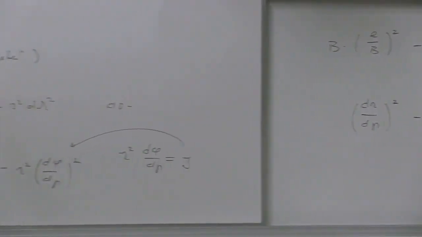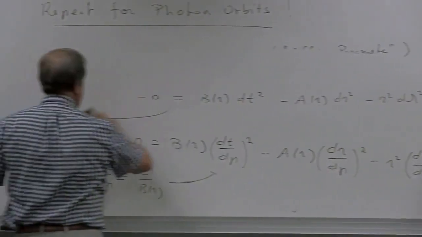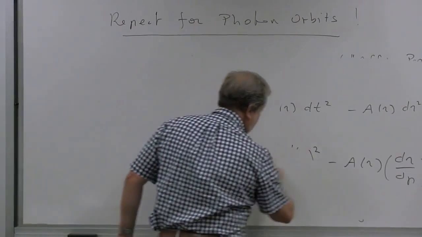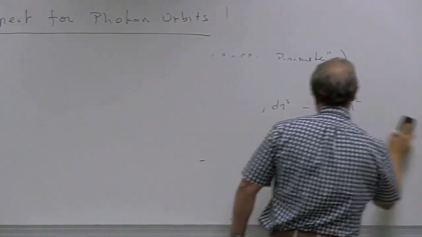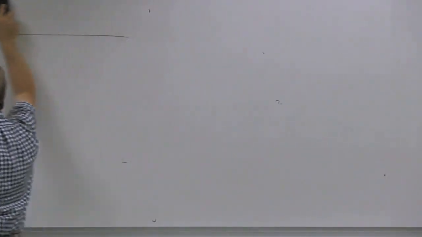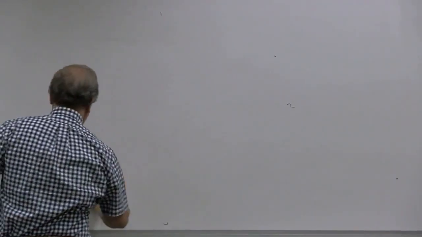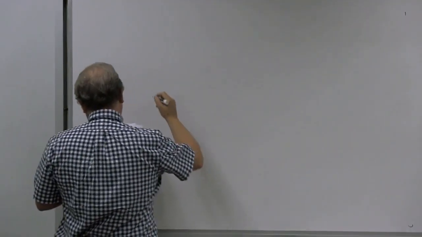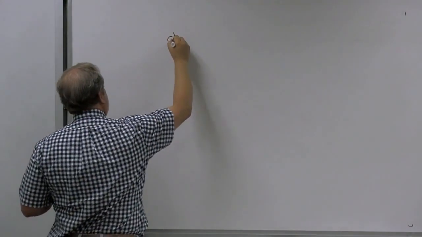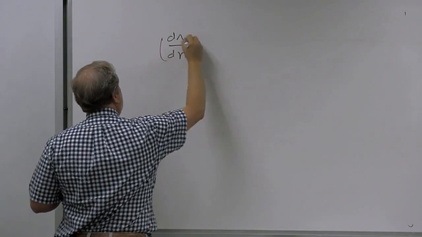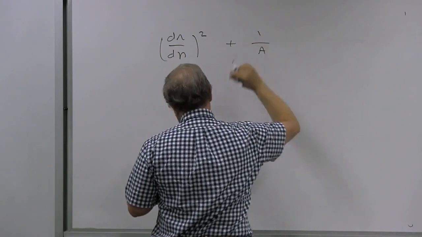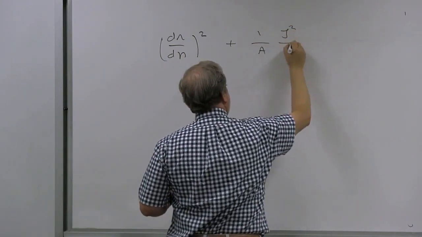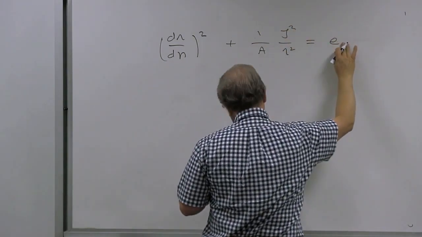Because we can now write this also in terms of some potential, right? And the potential is actually going to look different from what it was in the case of a particle of finite mass. Because we rewrite this as dr by dp squared plus 1 over a times j squared over r squared is equal to some constant.